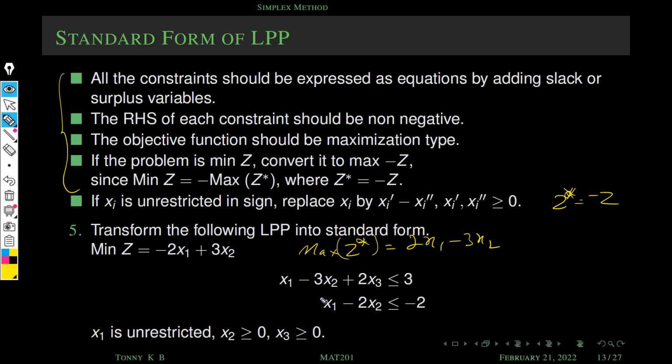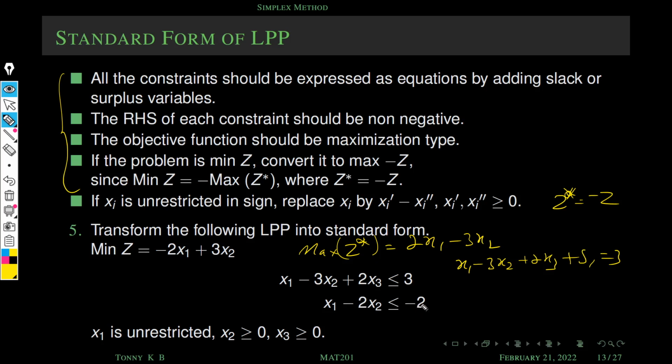And what about the constraints? The first is x1 minus 3x2 plus 2x3 less than or equal to 3. The right hand side is positive and the constraint is less than or equal to, so we add a slack variable. This becomes x1 minus 3x2 plus 2x3 plus s1 equal to 3. Then what about the second constraint? Here it is less than or equal to, but the right hand side is negative.